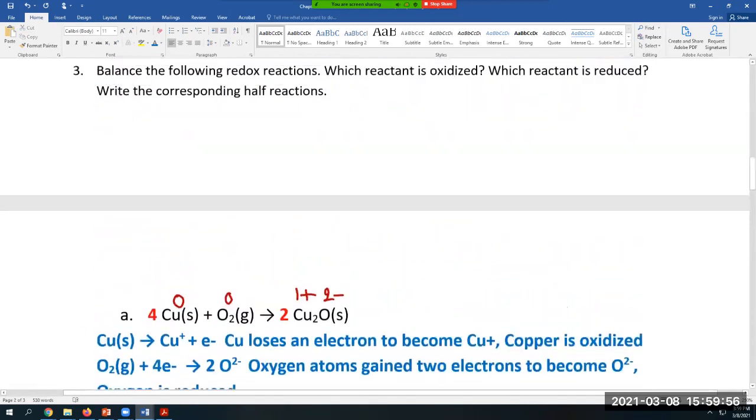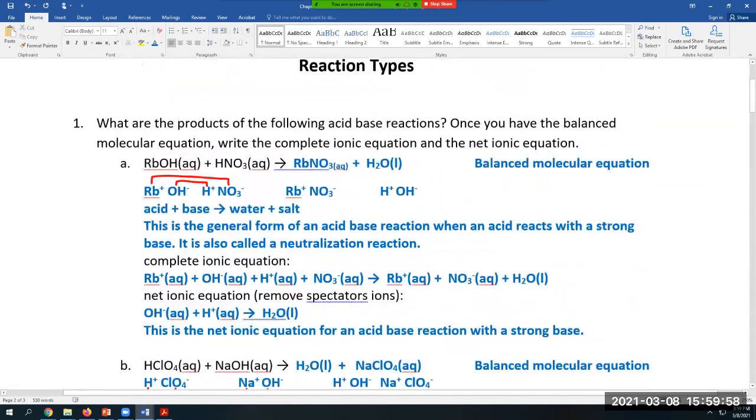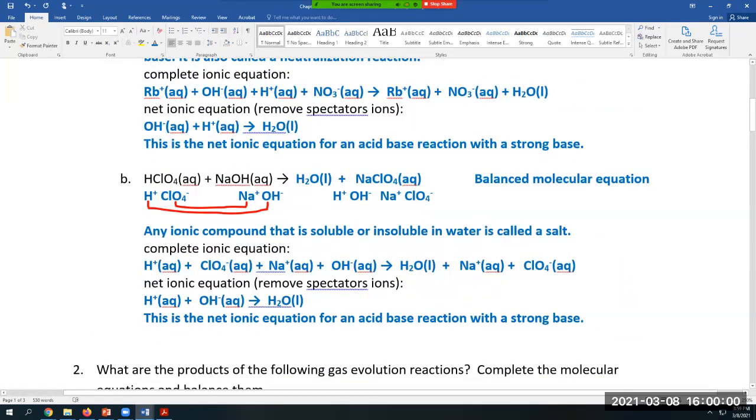1B. Again, that was another acid-base reaction with HClO4 plus NaOH. The base gives water plus a salt, sodium perchlorate, sorry. So again, we see that there was an exchange of partners between the ions of each compound.